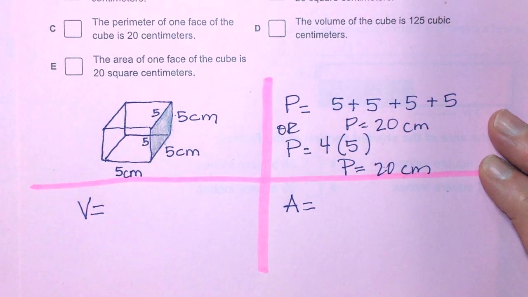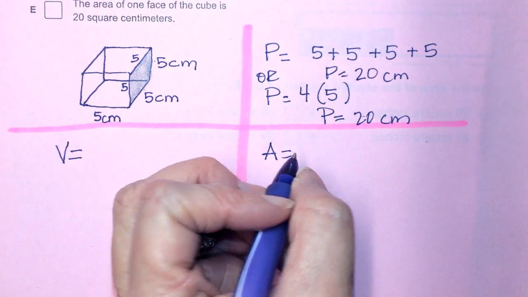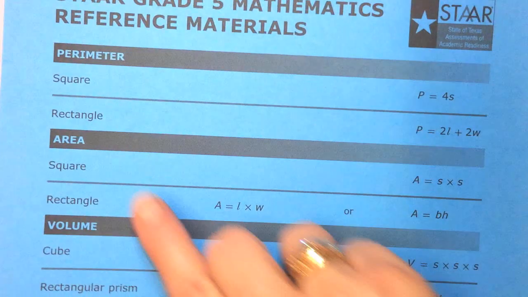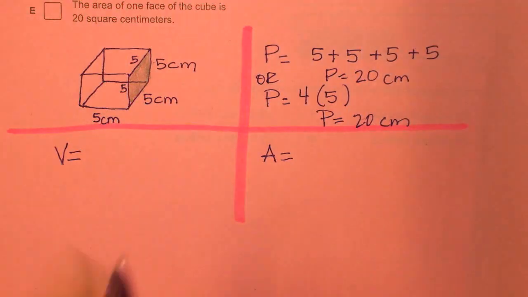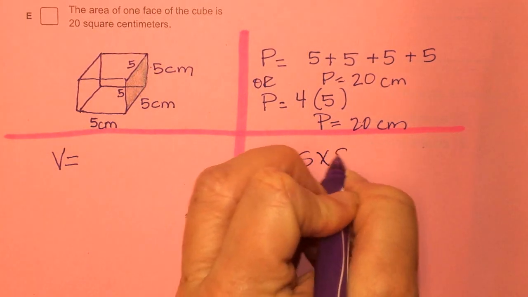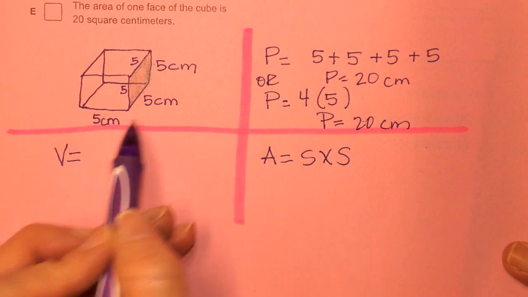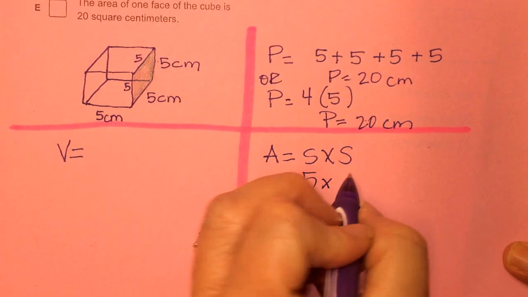Okay? Looking at the area. To find the area, if I go back to my mathematics chart and I quick reference area, square, side times side. Side times side. The side measurement is 5. The other side is 5.